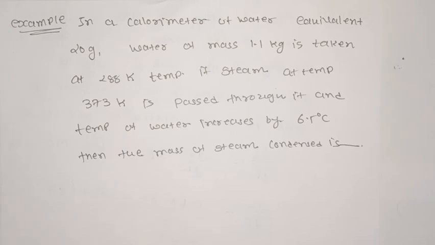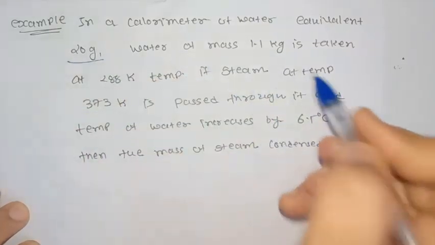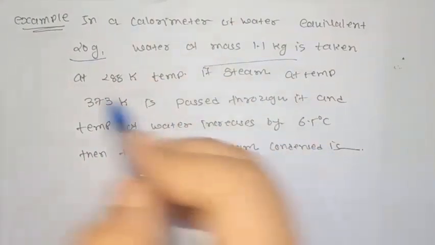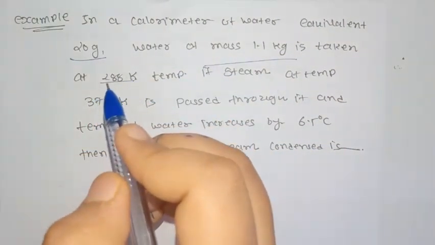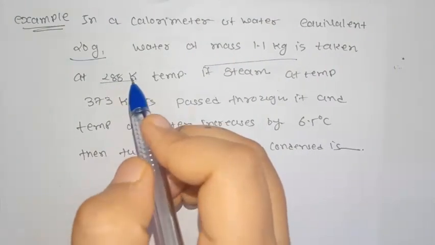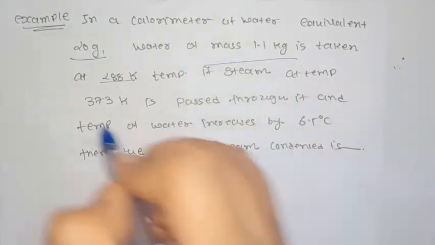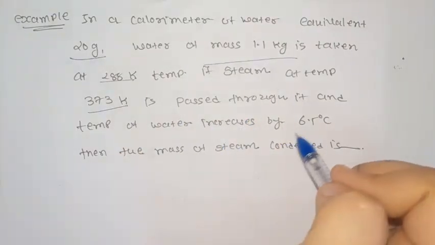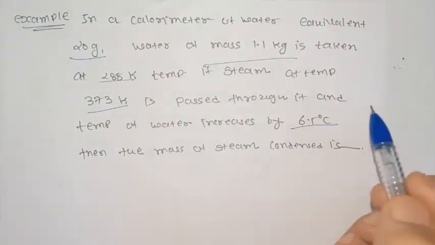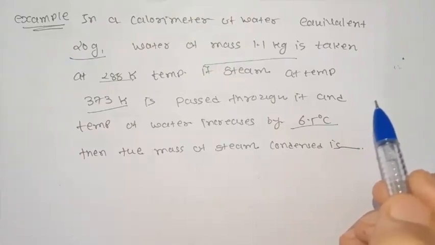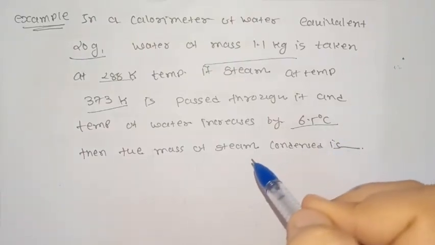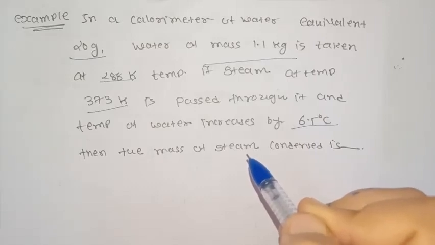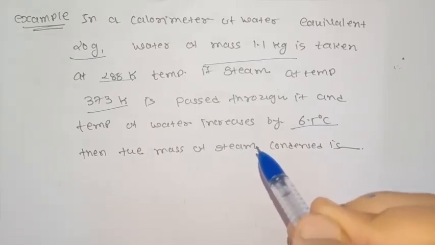Let us see an example on water equivalent. In a calorimeter of water equivalent 20 gram, water of mass 1.1 kg is taken at 288 Kelvin. If steam at temperature 373 Kelvin is passed through it and the temperature of water increases by 6.5 degrees Celsius, then we want to find the mass of steam condensed.